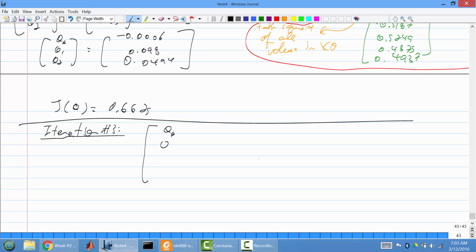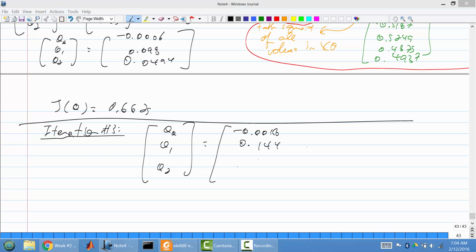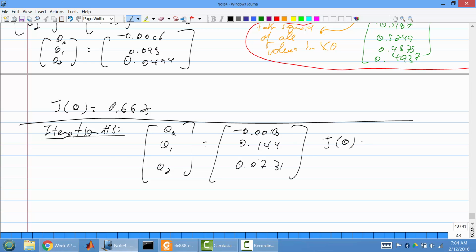So parameters are minus 0.0018, 0.144, 0.0731, and the cost associated with this is equal to 0.6341.